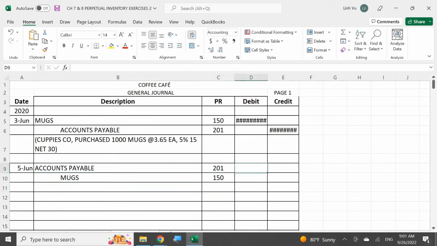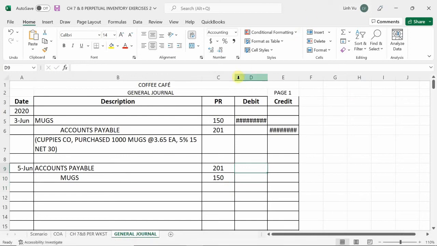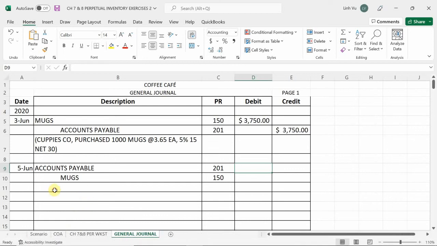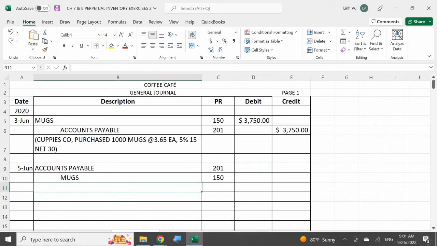Now, how much am I going to refund each item for? $3.65, right? Because you can't return freight.